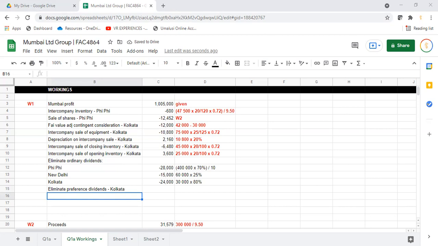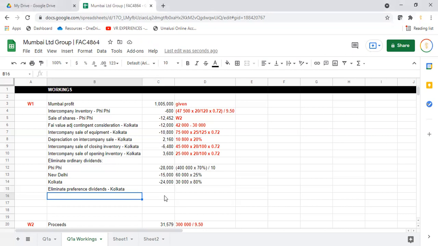Okay, Kolkata issued 2,000 shares at 10 Rand each, which gave them the 20,000 Rand. So how much of that do we have? If you look at the trial balance under investments, you will see we have 1,000 preference shares of Kolkata.